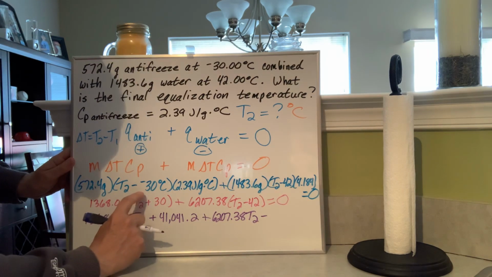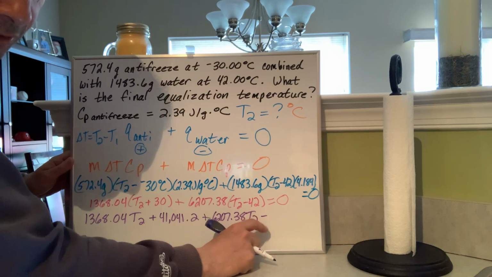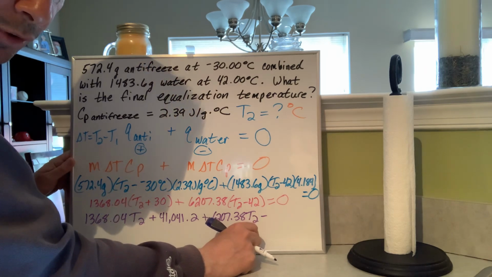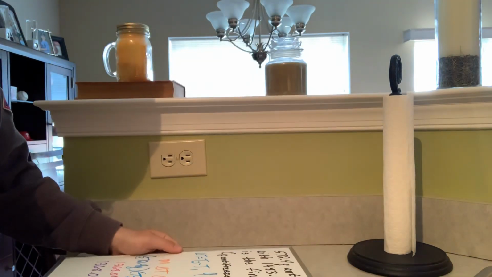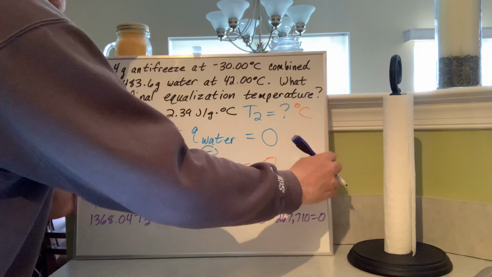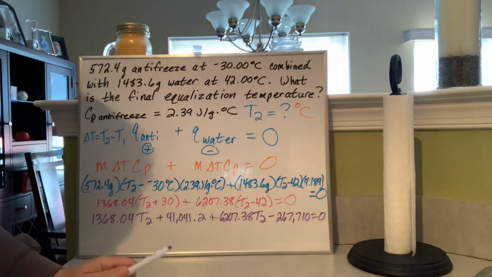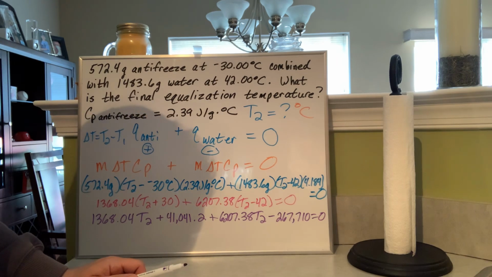This was minus negative. Minus negative is plus. Minus positive is still minus. 267,710 equals 0. Okay? All right. Let me just make sure I got that right.